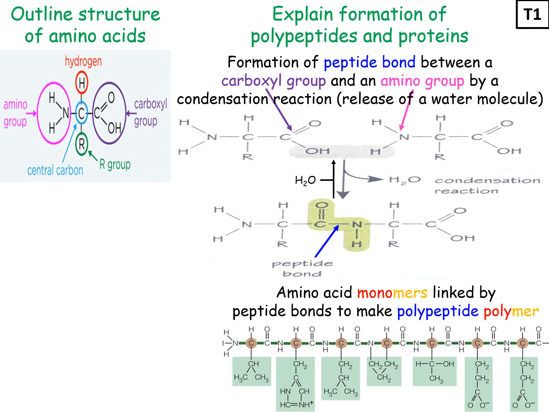The reverse reaction could also occur where you add water to a dipeptide molecule or a polypeptide molecule, and the water molecule is then used to lyse or break the peptide bond to form the amino acid structure, and this occurs through a hydrolysis reaction.